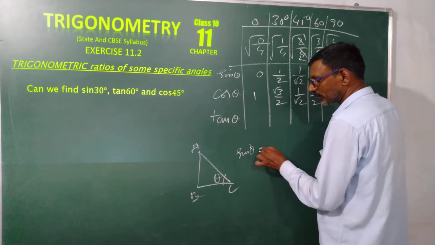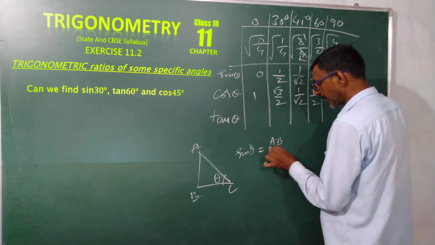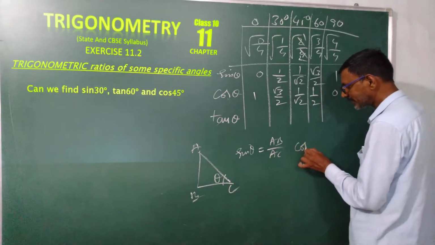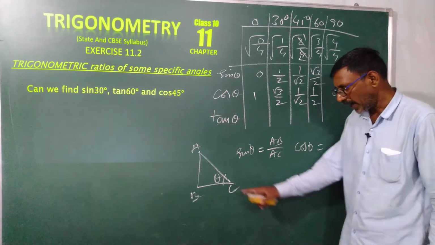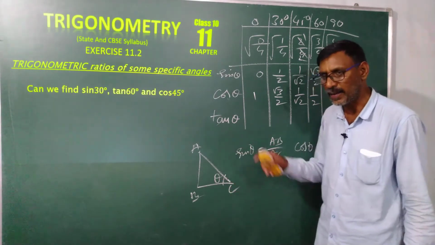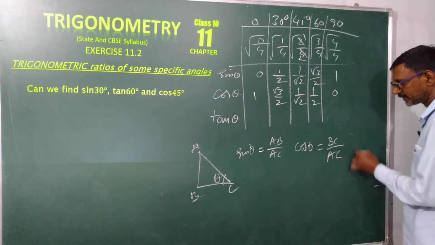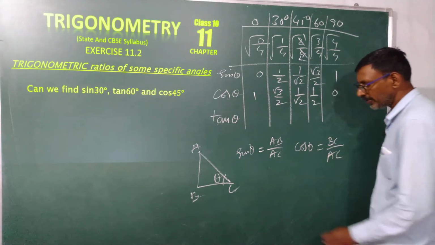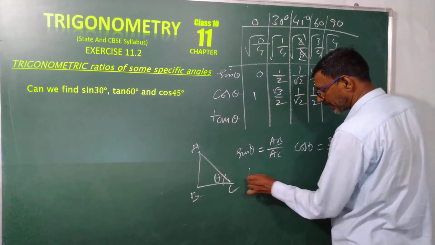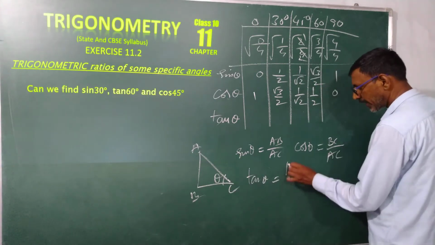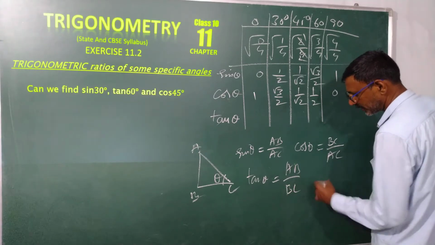Sin theta is equal to the opposite side AB by the hypotenuse AC, and cos theta is equal to the adjacent side by hypotenuse. The adjacent side is BC by hypotenuse AC. Coming to tan theta, by definition, opposite side by adjacent side, so AB by BC.